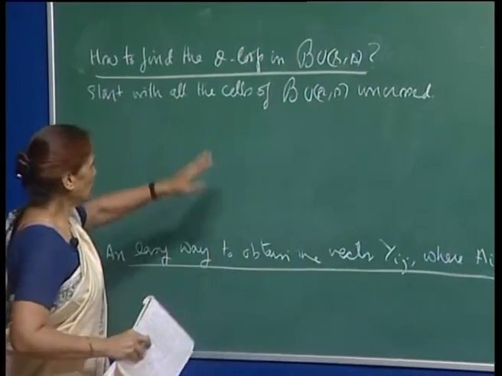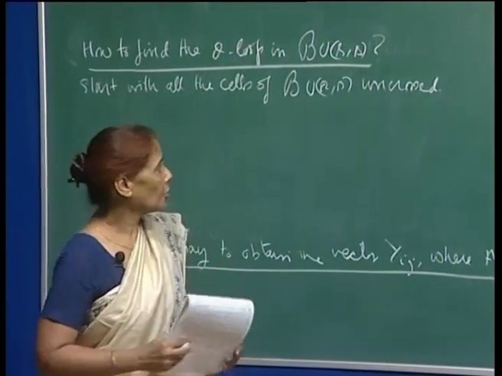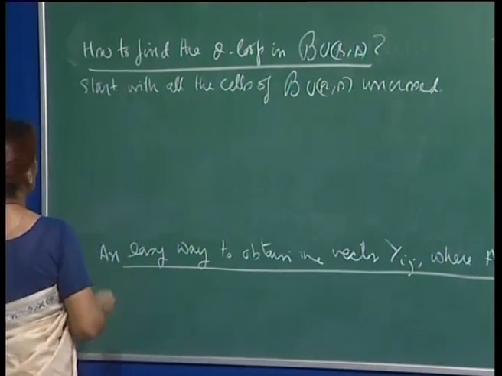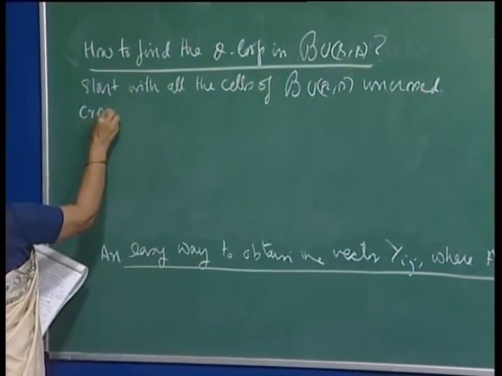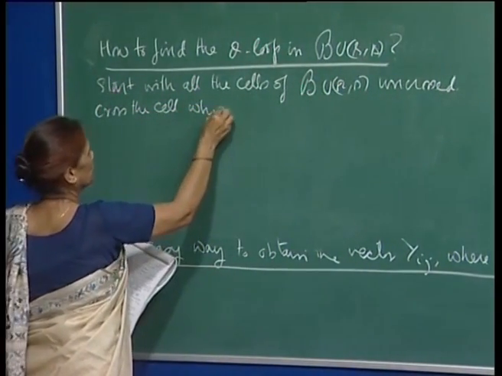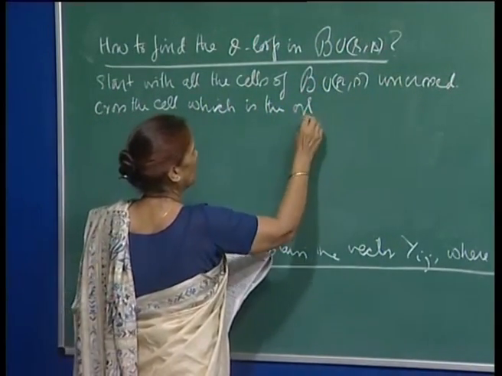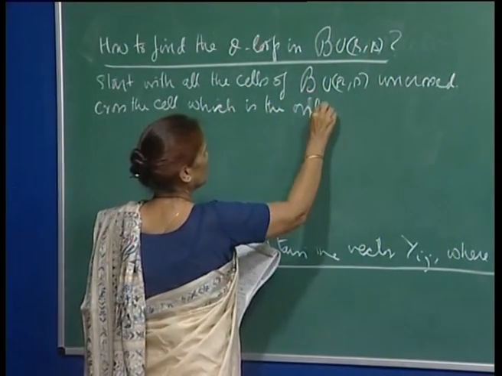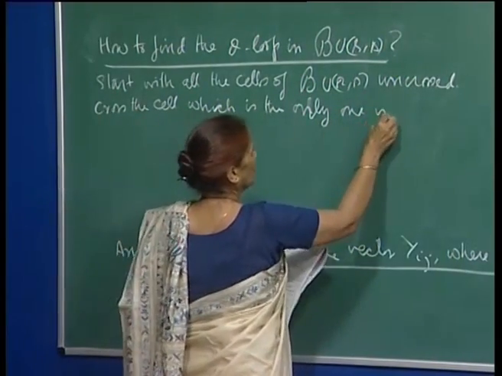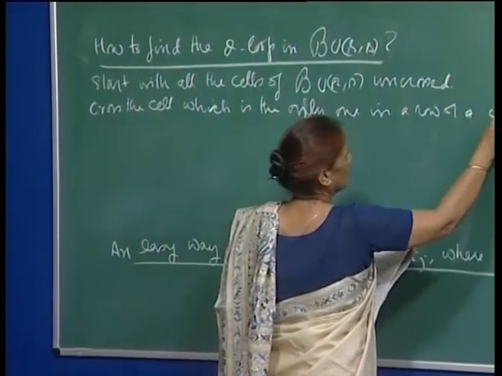Okay. So, you begin with all the cells of script B union R comma S uncrossed. Now, cross the cell which is the only one in a row or a column.